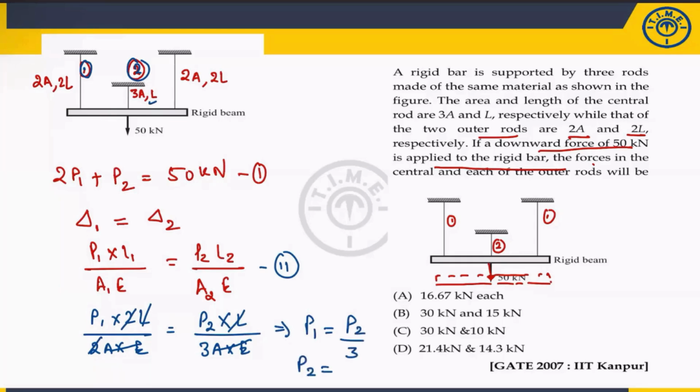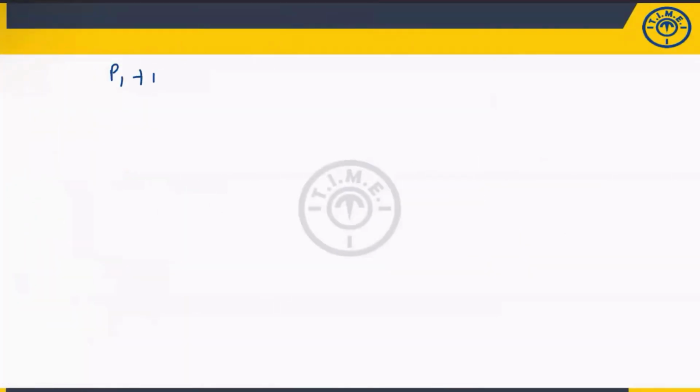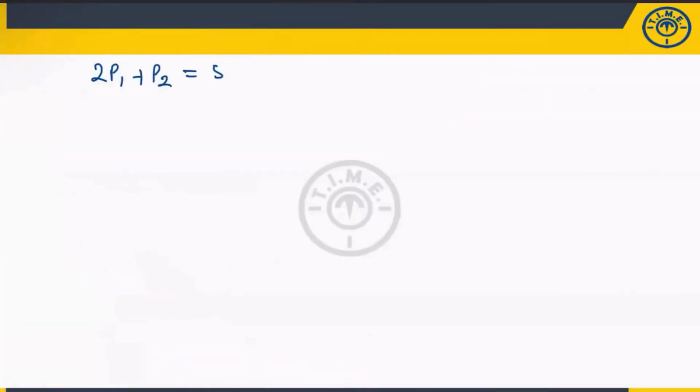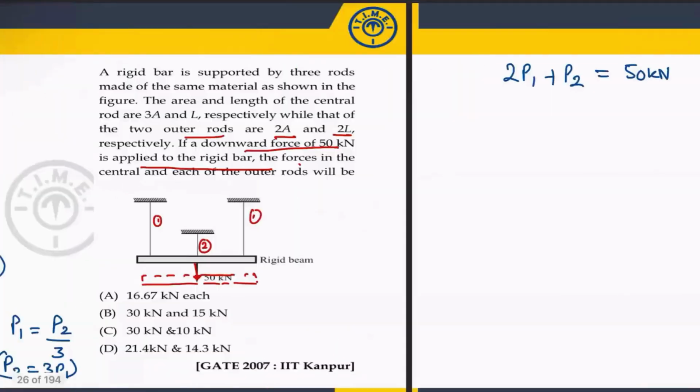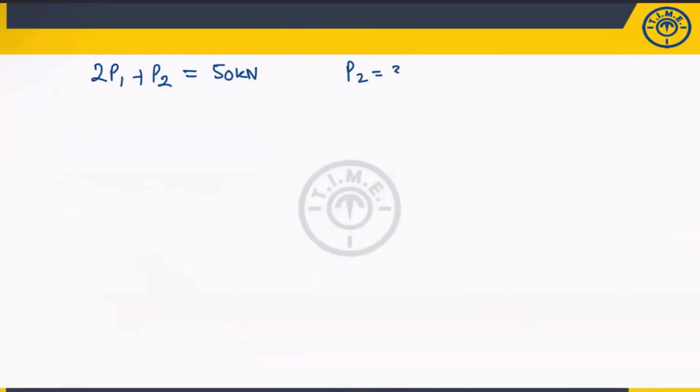That means, can I write P2 is equal to 3P1? Just put it in the first equation. If we take 2P1 plus P2 is equal to 50 kilonewton, and the P2 value you are getting is 3P1, so 2P1 plus 3P1 is equal to 50.